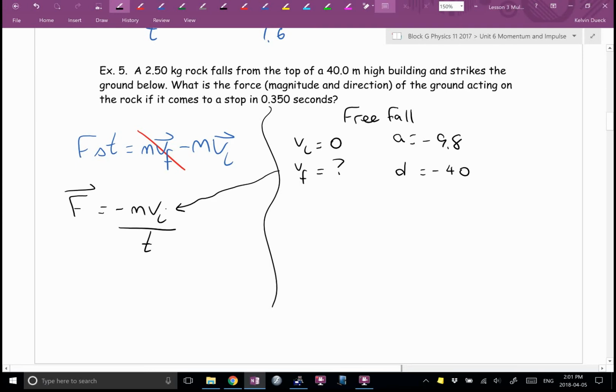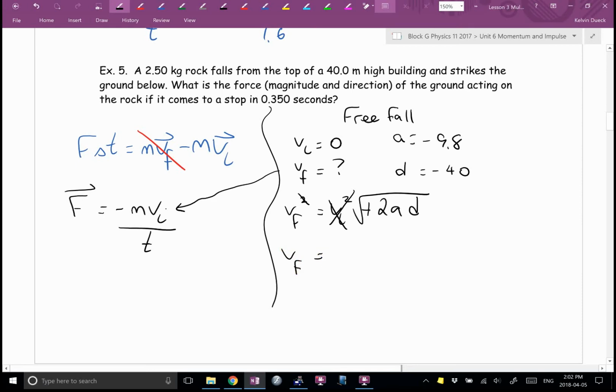She's going to look near the beginning of the year, and suddenly her eyes will light up, and she'll see it. VF squared equals VI squared plus 2AD. Except that's VF squared, so we take the square root. And what's VI? 0, in this case. So really, it's just going to be the square root of 2AD. Do you see why I like this question?